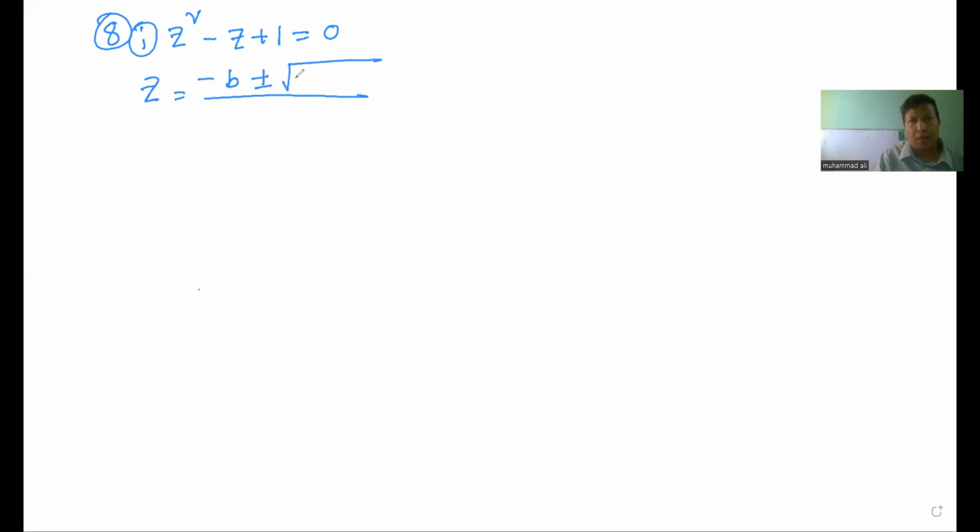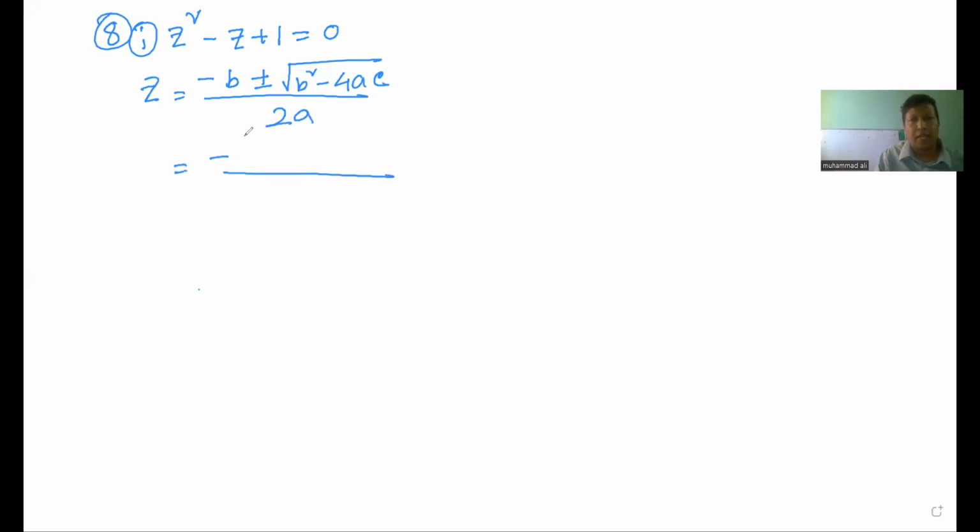At first, our question number 8, part 1. The equation is z squared minus z plus 1 equals 0. So we have to use the formula. The formula is z equals minus b plus or minus root over b squared minus 4ac, divided by 2a.